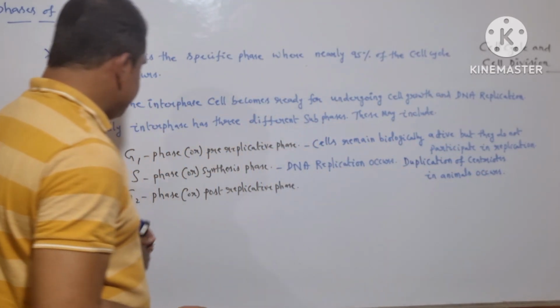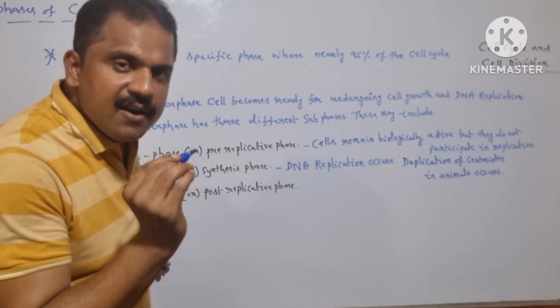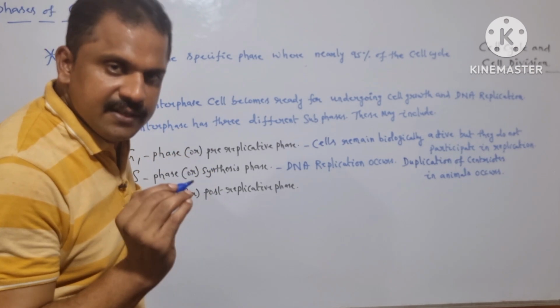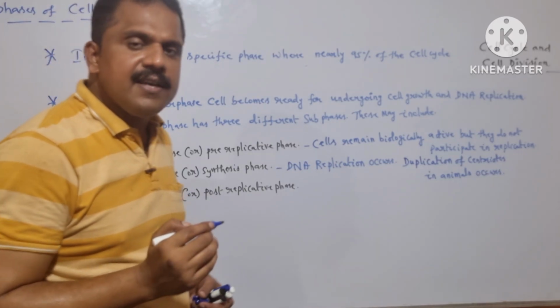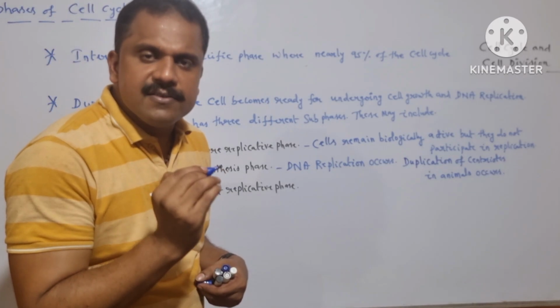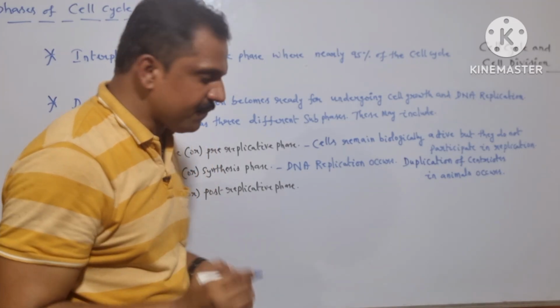Whereas during the G2 phase, the various proteins which are required for organizing the mitosis are successfully synthesized during the G2 phase. Is it clear? During the G2 phase, the various proteins required for organizing mitosis are synthesized.